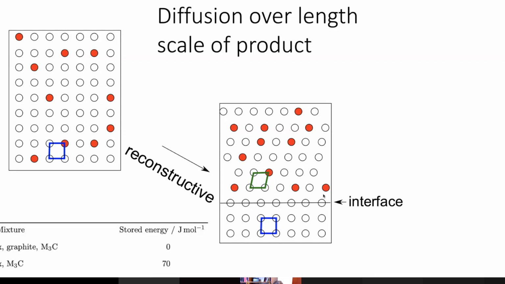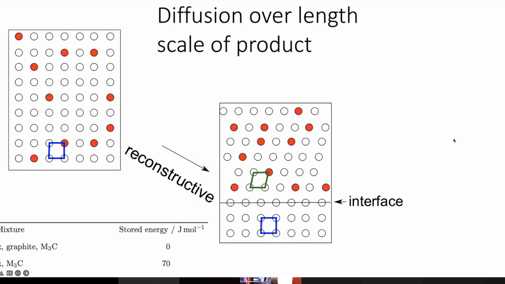That means you must have had diffusion in order to eliminate that shear deformation that we had in the previous slide. You must have had diffusion in order to avoid that strain energy associated with the shape change. Now, if you are getting diffusion, then you will also get partitioning. So for example, in this case, all the red atoms have moved into the product phase, the ferrite.